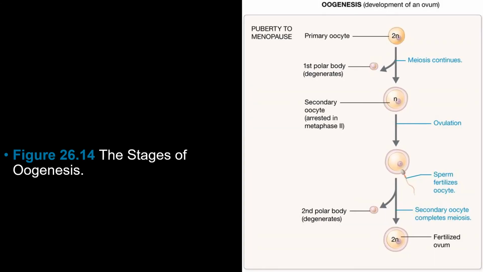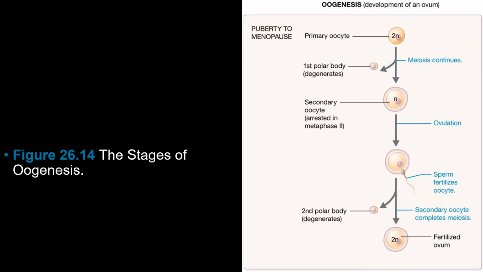And so here you can see this image that shows the stages of oogenesis after puberty. Once puberty occurs, every month they're going to shed a primary oocyte, and it's going to shed that first polar body, which will degenerate, and the secondary oocyte will continue through the uterine tube.